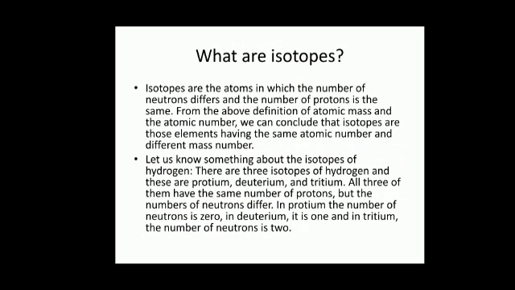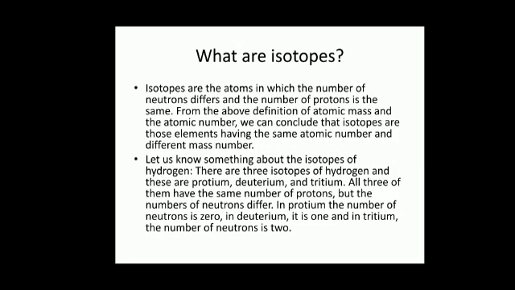Now let us study what are isotopes. Isotopes are the atoms in which the number of neutrons differs and the number of protons is the same. From the above definition of atomic mass and the atomic number, we can conclude that isotopes are those elements having the same atomic number and different mass number. Let us know something about the isotopes of hydrogen.